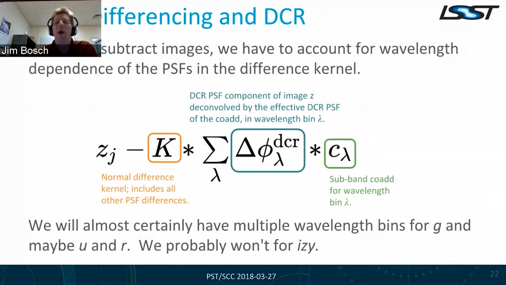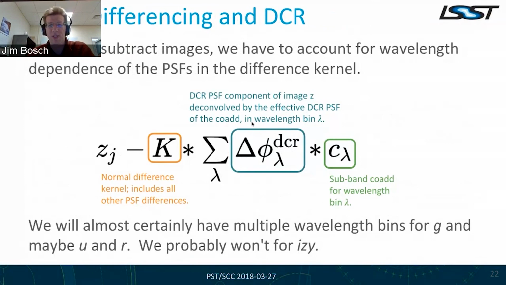Instead of having one coadd, we'll have subband coadds for different wavelength bins within a filter, within one bandpass. And for each of those, you can construct essentially a DCR difference kernel that maps the DCR that you effectively got on the coadd to the DCR that you see on the image, for that wavelength bin.